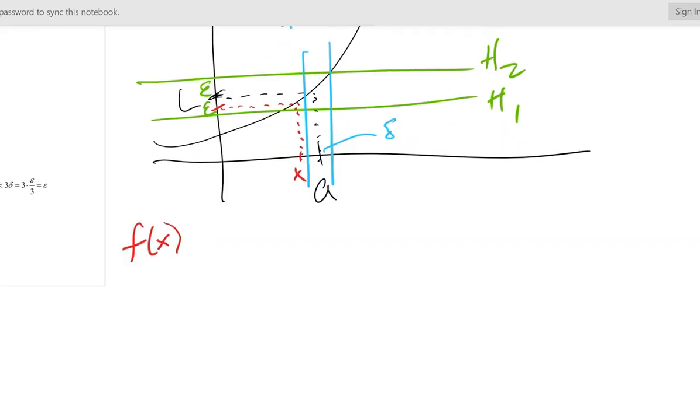So here's what the definition is, the real definition. Okay, so the precise definition, finally we're there.